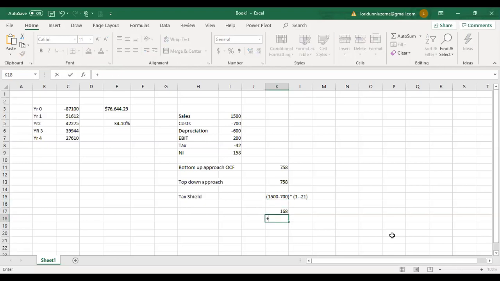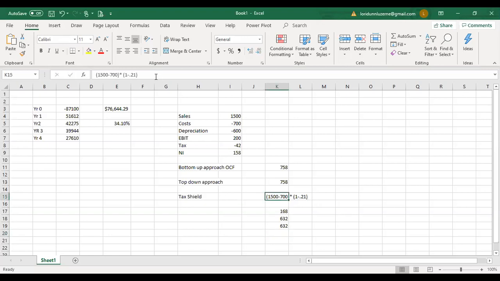All right. So take the 800 minus the 168 in taxes. What this formula does is fast track that two-step process. It says, of the 800, you're going to keep 79% of it. That's all that's doing.